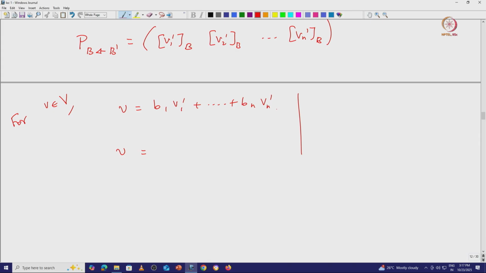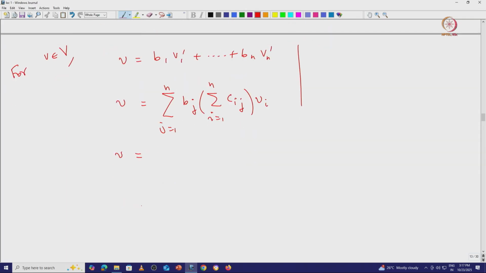Then this becomes the summation over j of Bj times the summation of Cij Vi, i ranging from 1 to n. So the coefficient of Vi is given by the summation of Bj Cij. That means the coordinates of V with respect to the old basis Vi are given by this matrix P times the coordinate vector of V with respect to B dash.